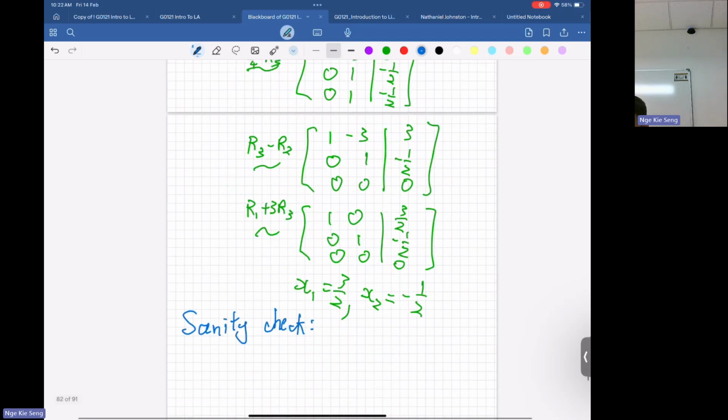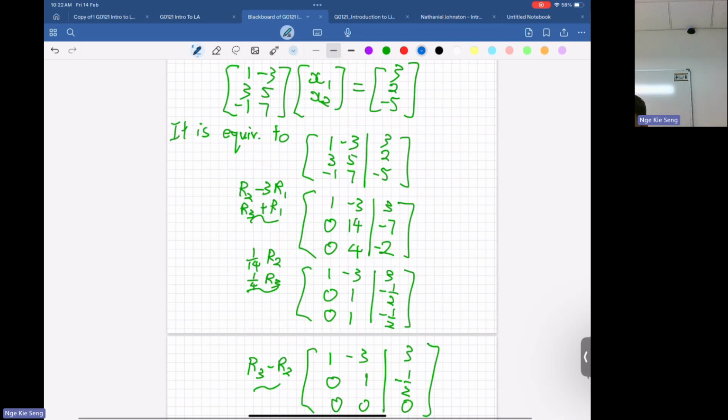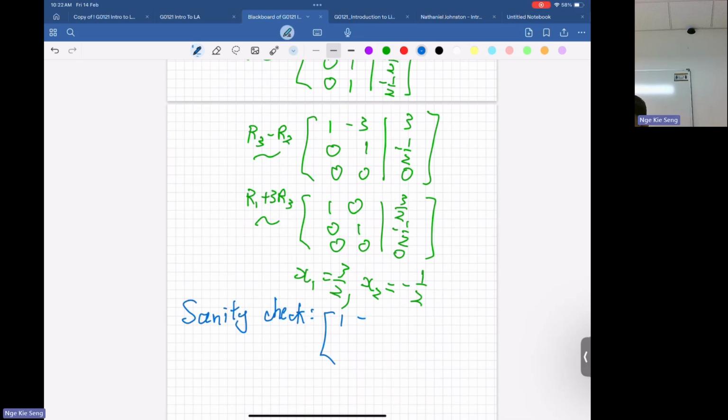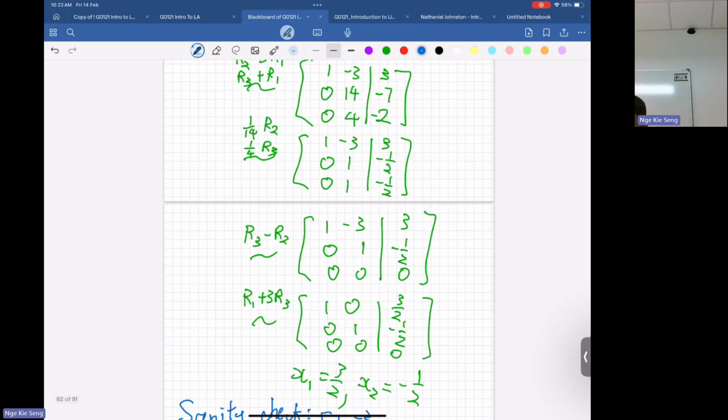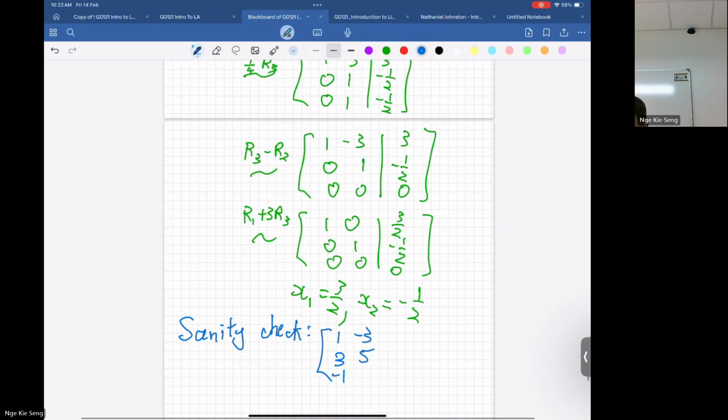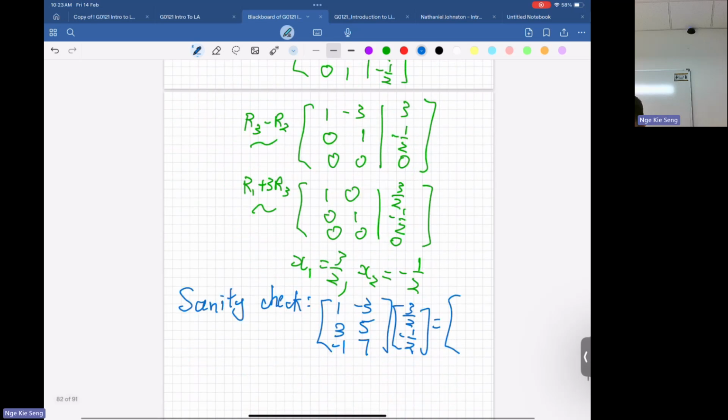Check whether you really get the right matrix equation or not. Please check. Maybe you might have some calculation error. Once you check this, for sure you know it's correct.